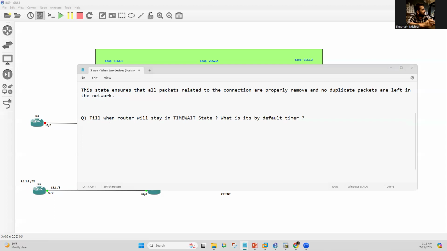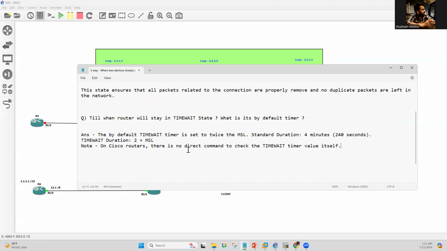Okay. See, this is the answer. Please read. The default timer for time wait is twice the MSL. Now, again, you guys will ask, sir, what is MSL?